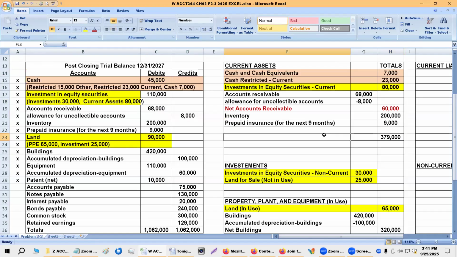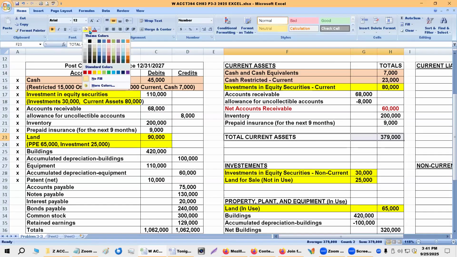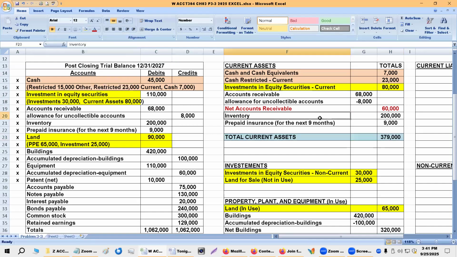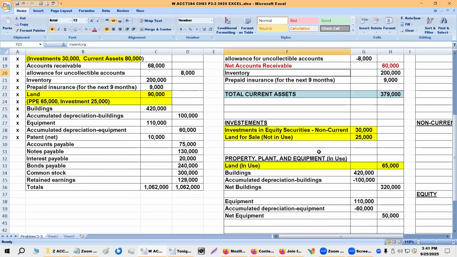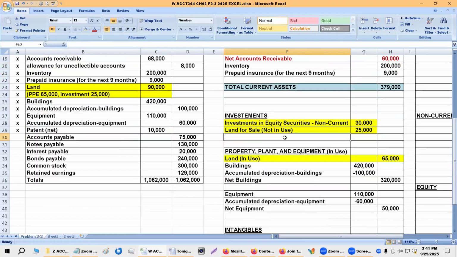Great number to me. Make that... please make it turquoise. Other current assets. Okay, total investments.